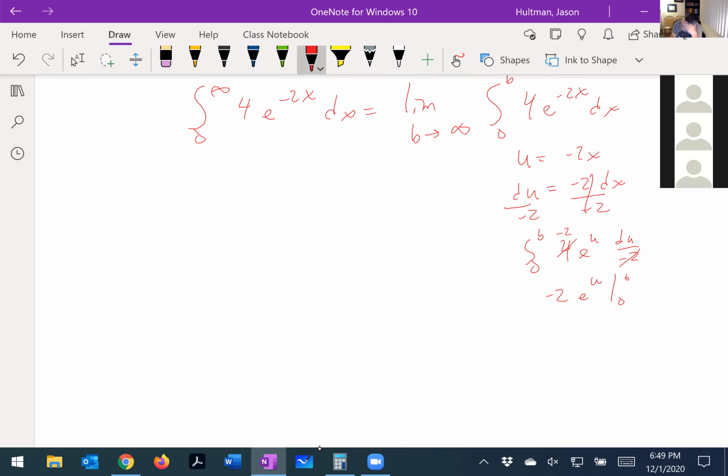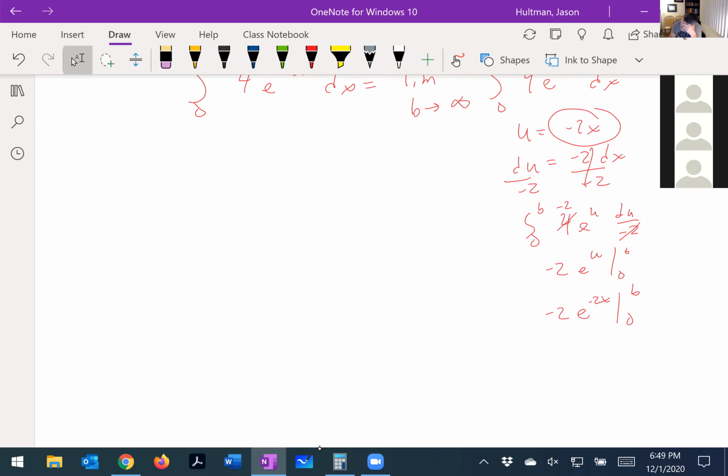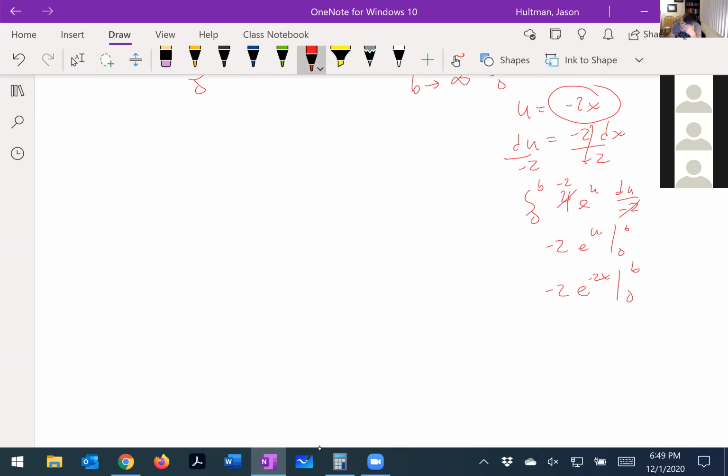However, I need to plug in what was my u. My u was negative 2x. So this is negative 2 e to the negative 2x evaluated from 0 to b. And so now I'm going to plug the b and the 0 in and see what we get. Negative 2e to the negative 2b minus negative 2e to the negative 2 times 0.